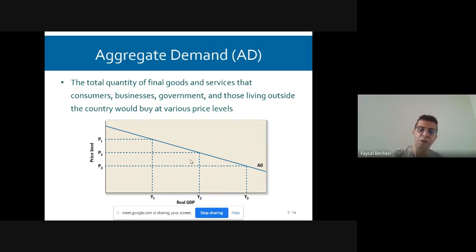So P1 is a higher price level than P3 here. Because of that, when the price goes higher, the demand gets lower.